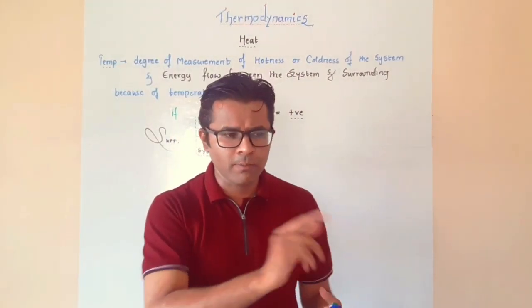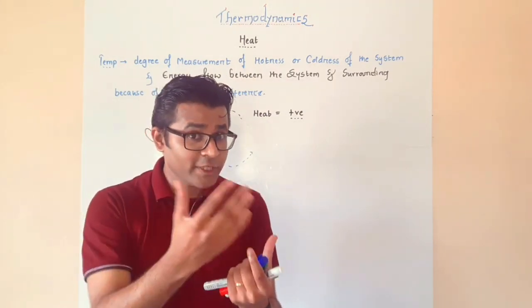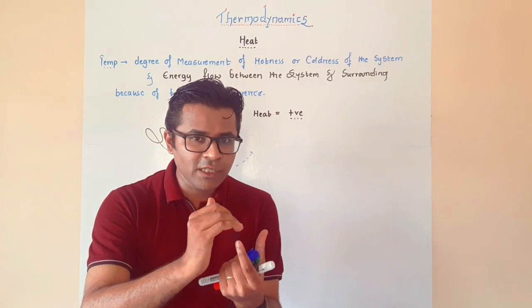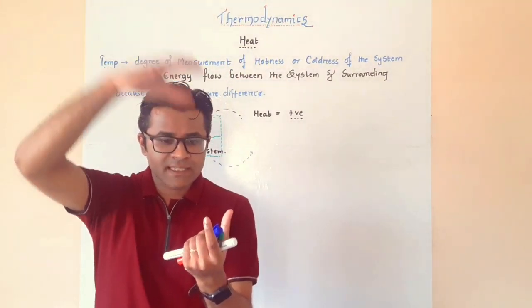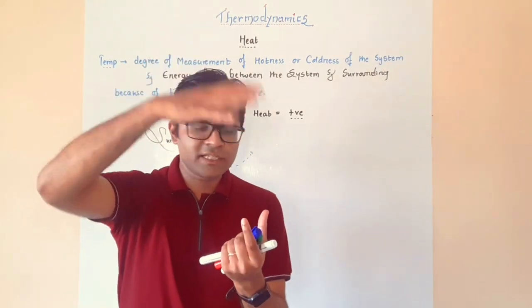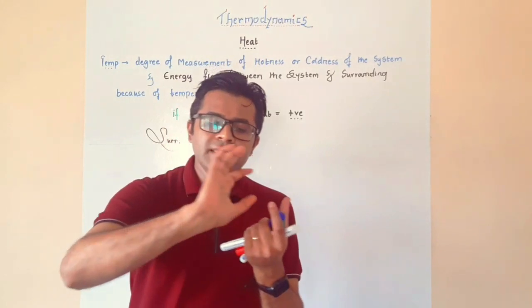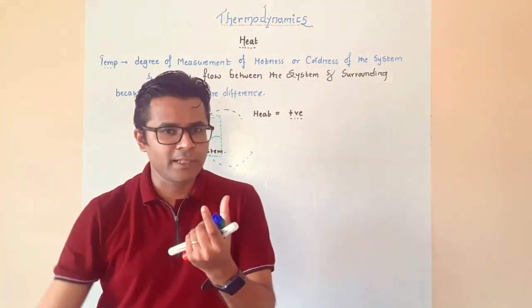If it is hot, there is a temperature difference again between the system and the surroundings. The system has more degrees, it is quite hot compared to the surroundings. At that point, the energy flows from the system to the surroundings.